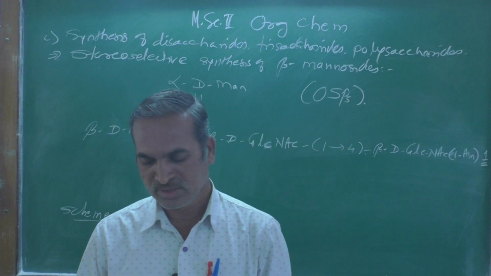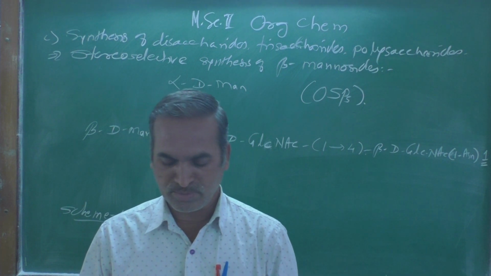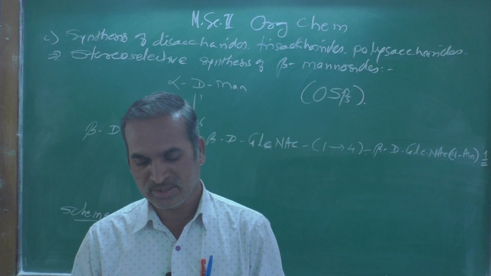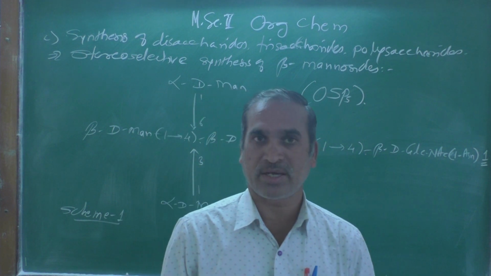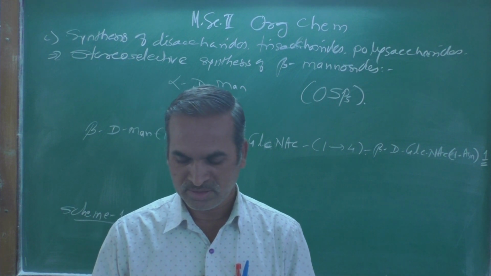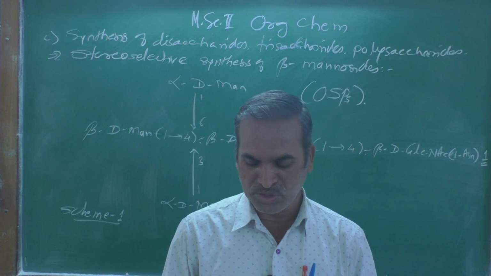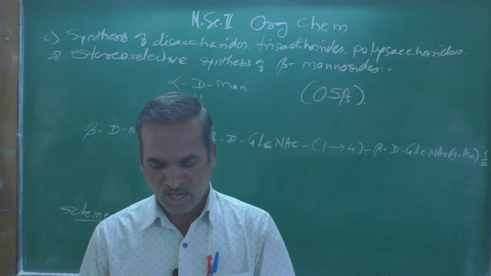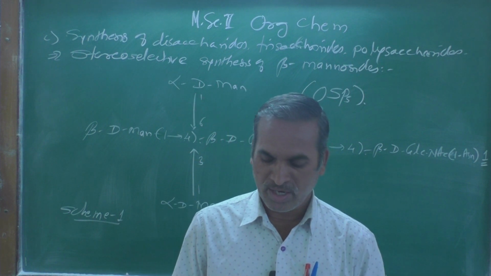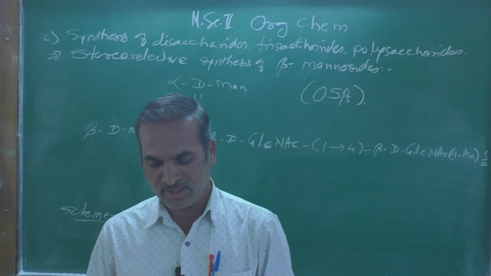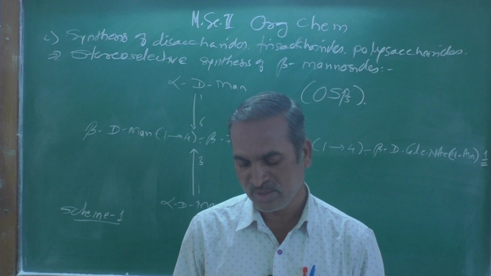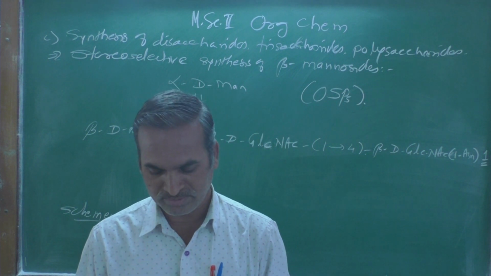And second, the 1,2-cis arrangement of the equatorial glycosyl and the axial functionality at C2 in beta-mannopyranosides harbors repulsive steric effects.